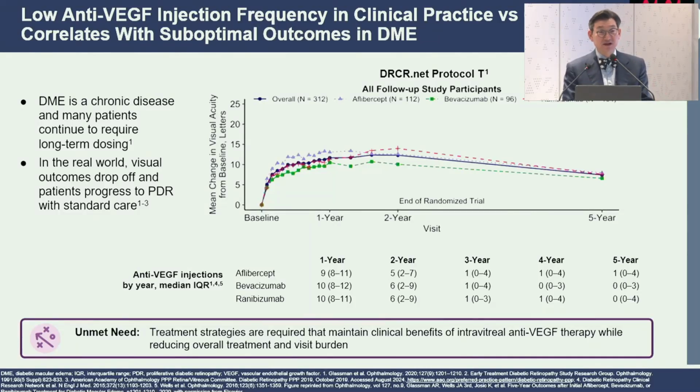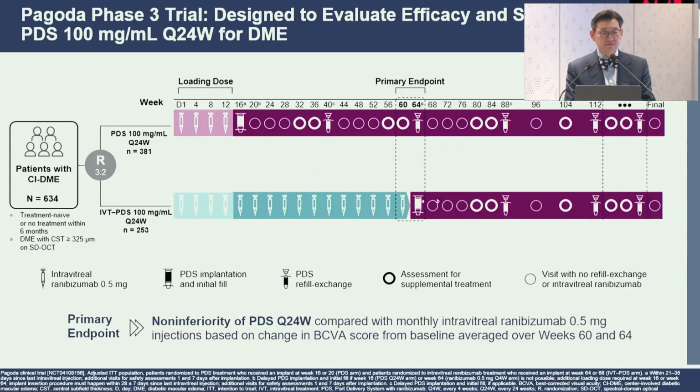And we've touched on even in this session that in the real world, vision drops off. And furthermore, in diabetics, there can be a progression to more vision-threatening retinopathy such as PDR. And Protocol T shows us that this occurs in the longer term.